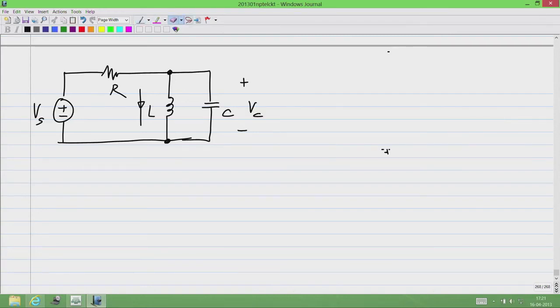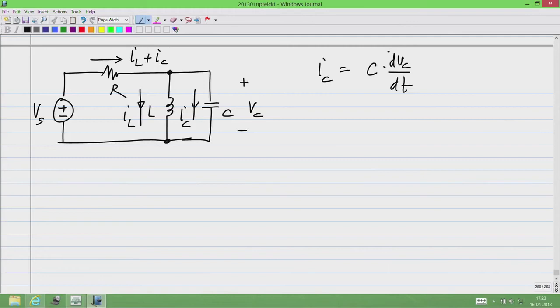So, in this circuit I know that there is a certain IL and a certain IC, and this current equals IL plus IC. Okay. IC is nothing but C times dVc by dt, and also you see that the voltage Vc here is across the inductor as well.